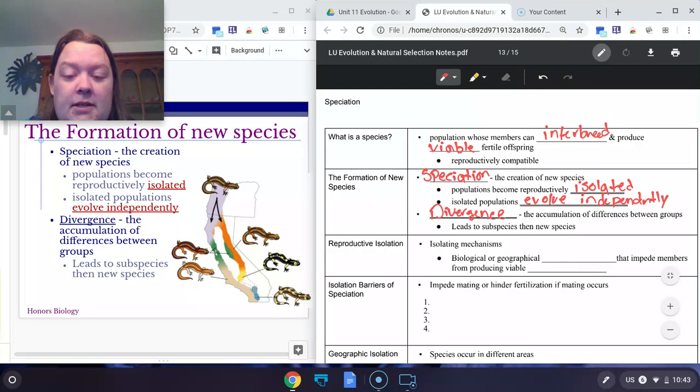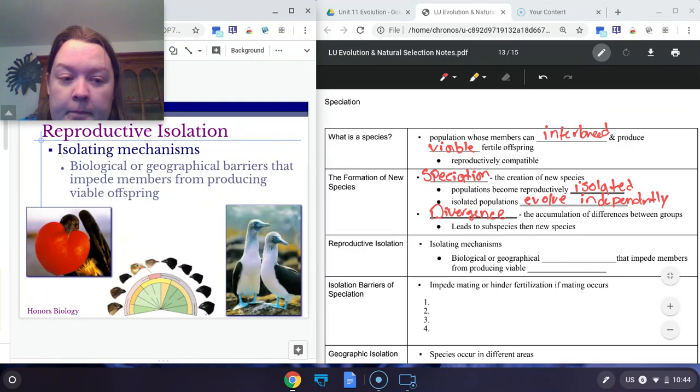So again, speciation is the creation of new species. It happens when one population becomes isolated from the others, and then that population will evolve independently and eventually diverge, creating a new species. And we're going to talk about several different mechanisms of isolation.